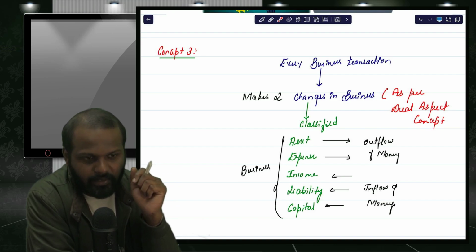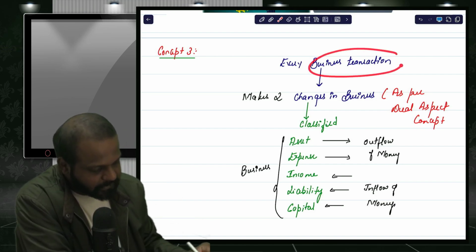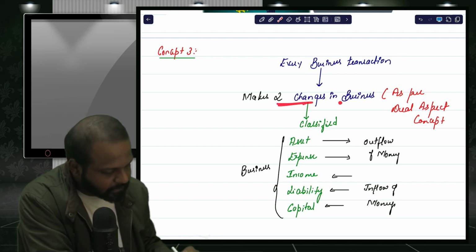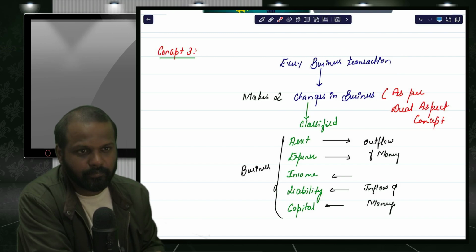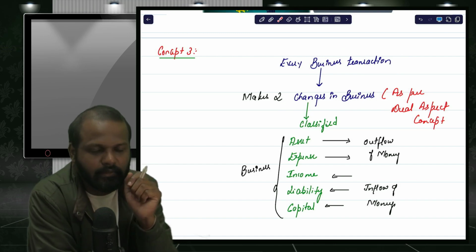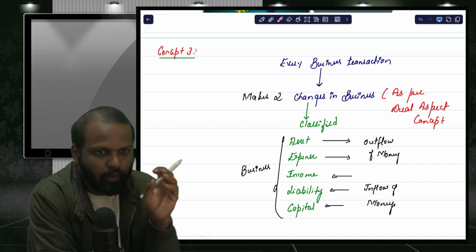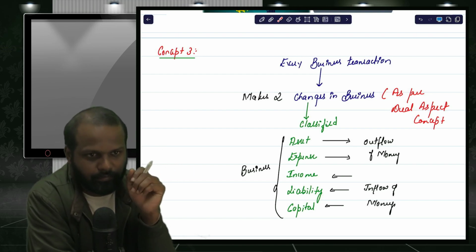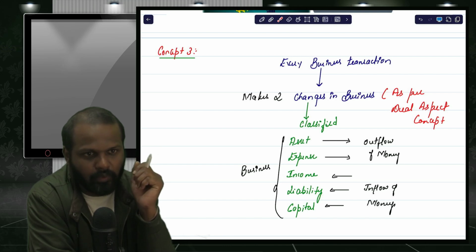Now you have to understand that every business transaction is going to make two changes in the business. What do you mean by two changes? For example, let us assume you sold goods to the customer for cash. Think from the business point of view.